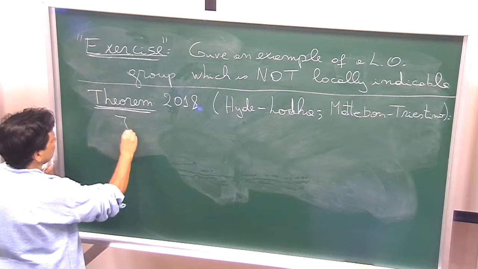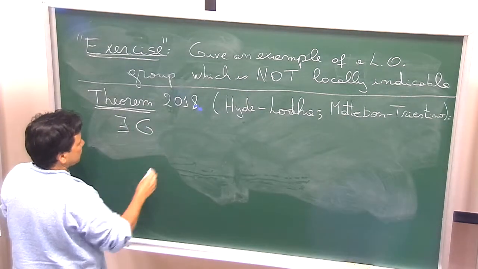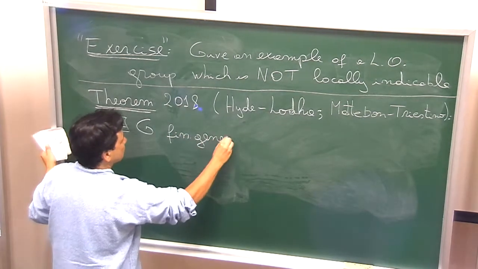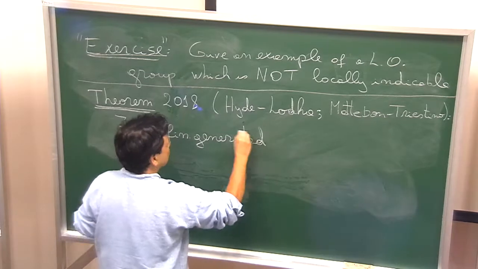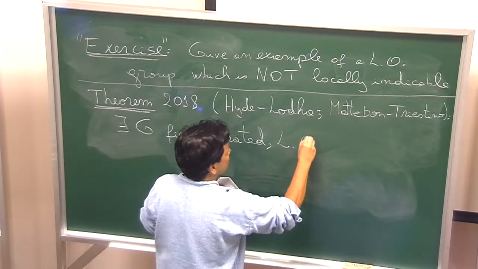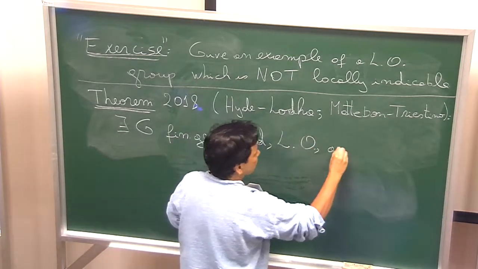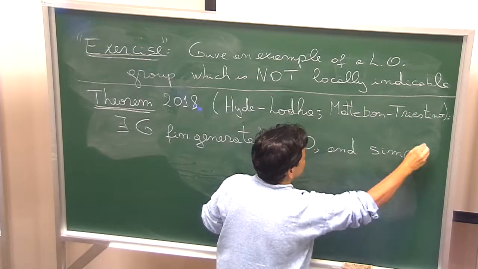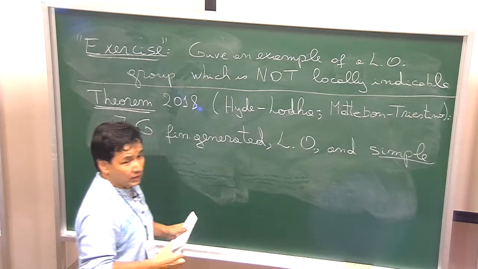There exists a group G which is finitely generated, left orderable and simple. Okay?